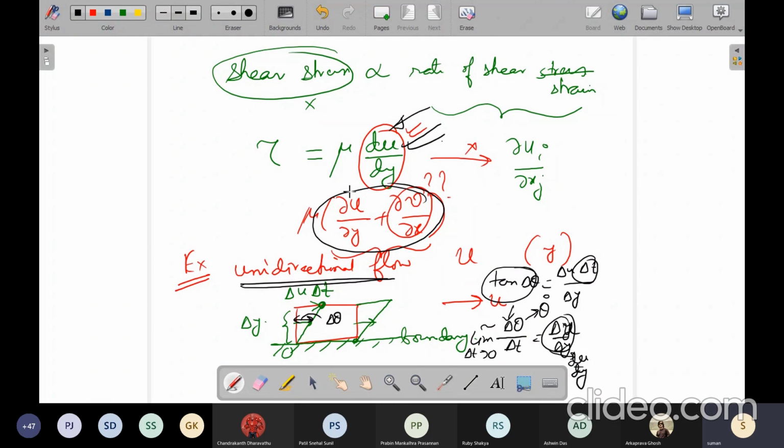So we'll stop here today, and in the next class we will continue with this, and we'll learn how to describe vortex flows. Vortex flows are strong rotations in the flow.